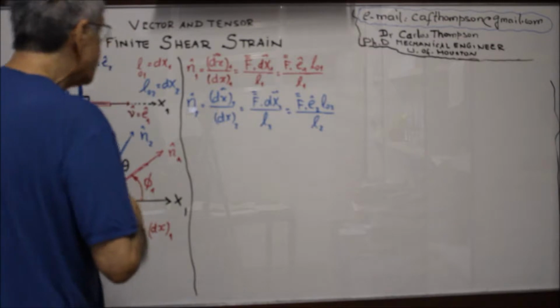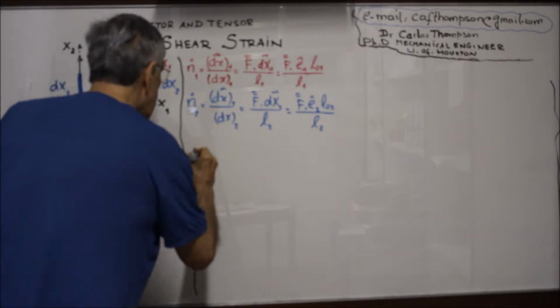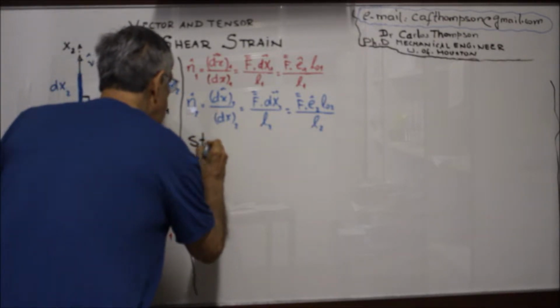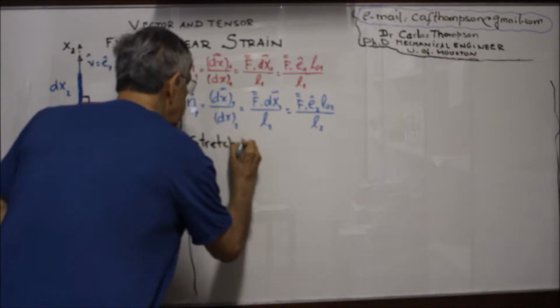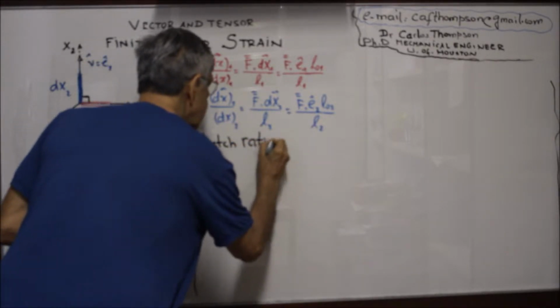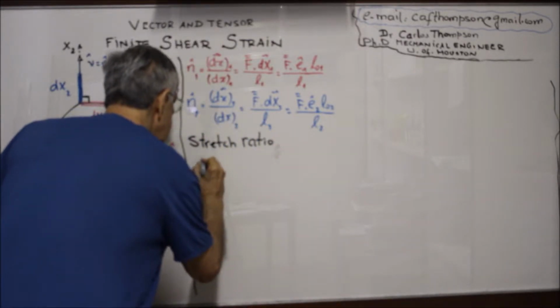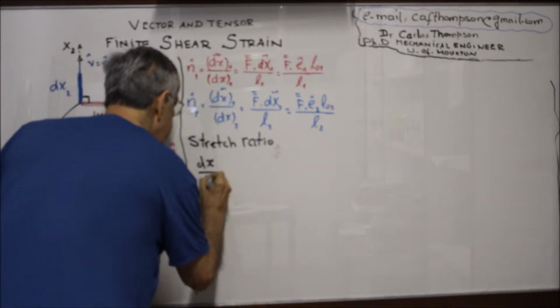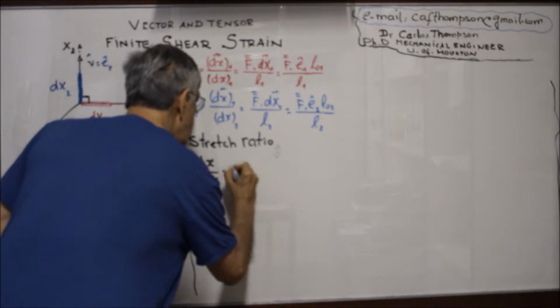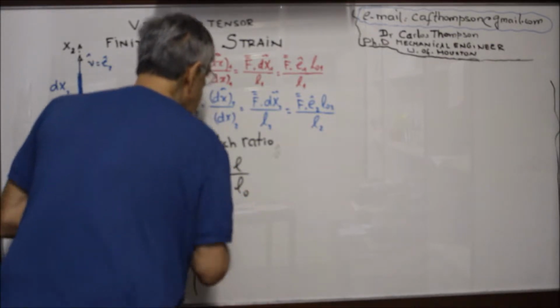Now, from the last lecture, we saw what we call the stretch ratio. The stretch ratio is dx divided by capital dX, or L divided by L0.